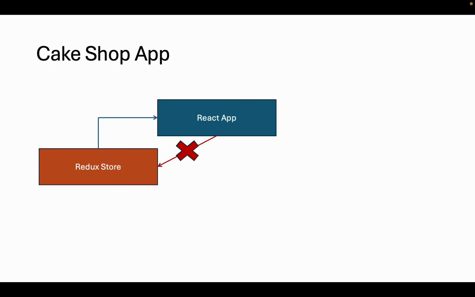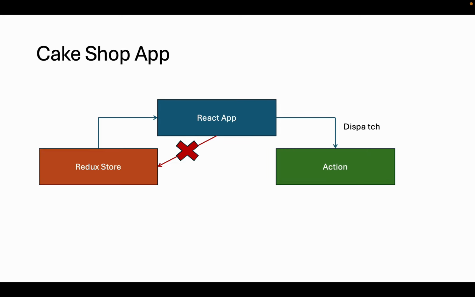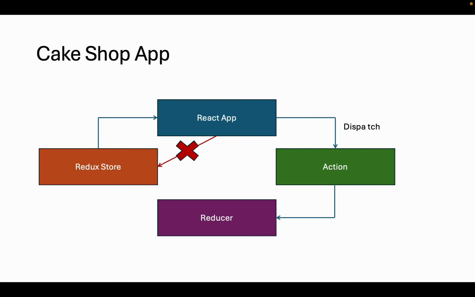We are not allowed to change any state in this Redux store directly. Instead, we have to dispatch an action with the help of an action creator, and that action will be received inside a reducer, and with the help of the reducer we are able to update the state. Once the state is updated, as our React app is subscribed to our Redux store, the updated state will automatically pass to our React application. So let's move forward and set up this React project with necessary UI components.